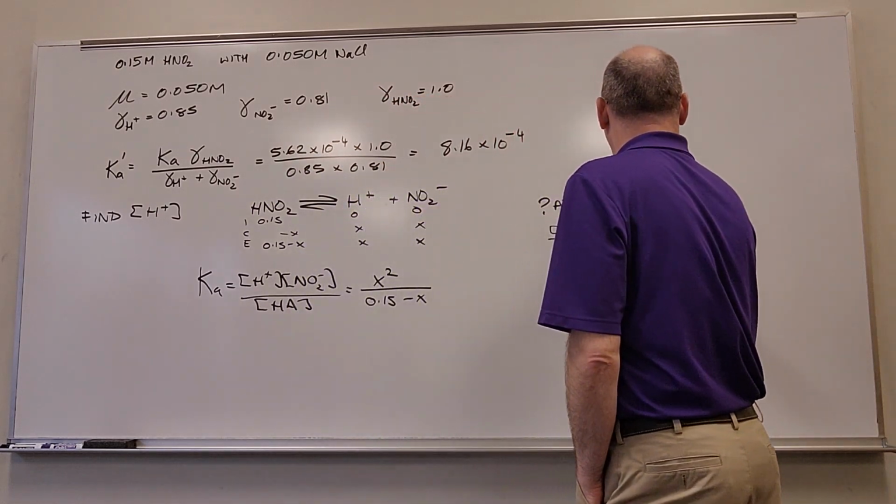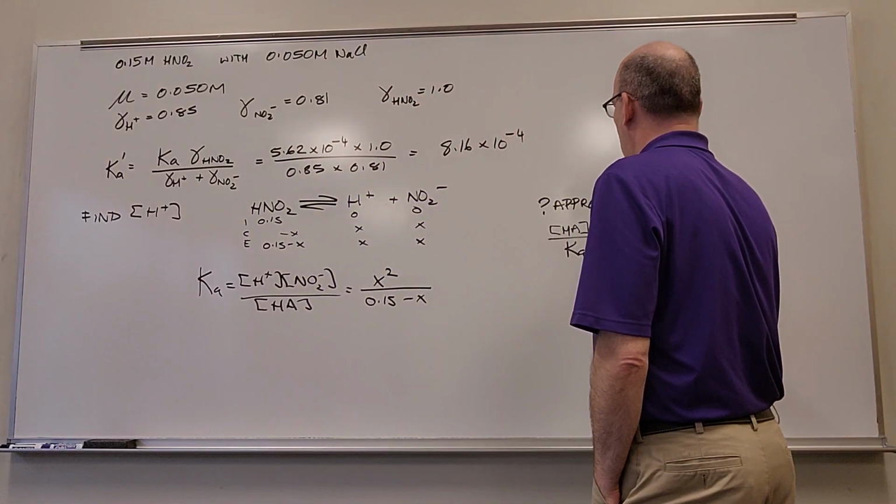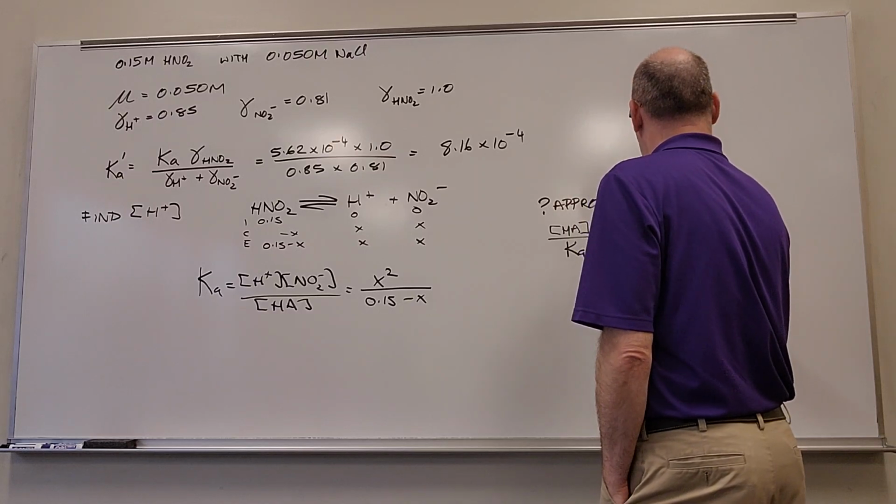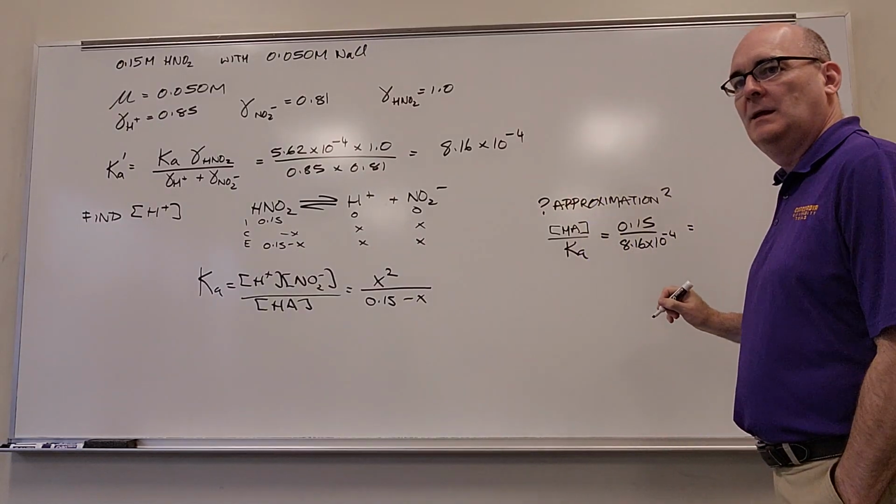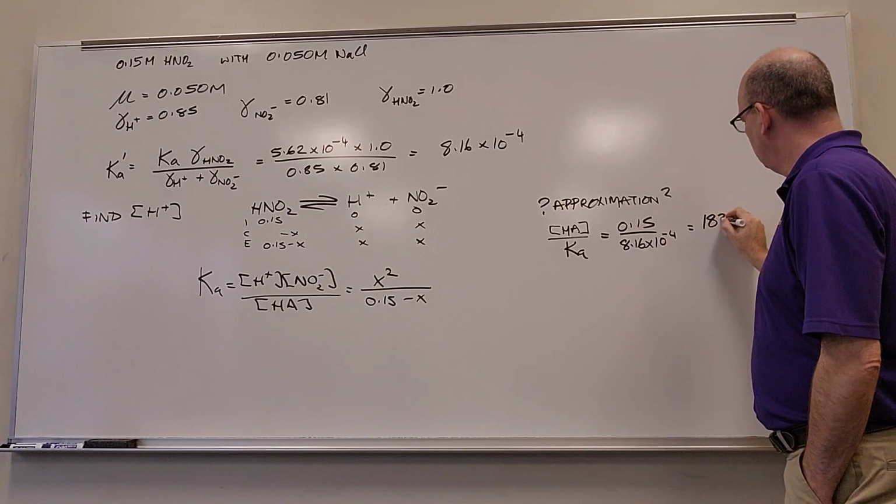For us, that is 0.15 divided by 8.16 times 10 to the negative 4. That gives me a number. I got 183.